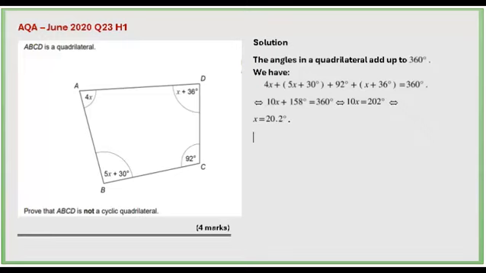If you pick, for instance, the angle in A and the one in C and add them up, they must give you 180. If they don't give you 180, that means it's not a cyclic quadrilateral. We can pick the other pair, but it's a little bit more to calculate.